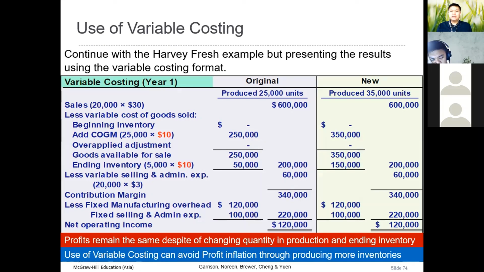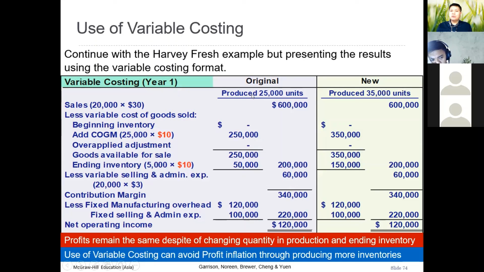What about here? Using the variable costing. Kasi kanina, nagkaroon ng difference in net income. Di ba? If nagkaroon ng difference dun sa units produced, 25,000 and 35,000. O sinasabi dito ngayon, what if you are using variable costing?